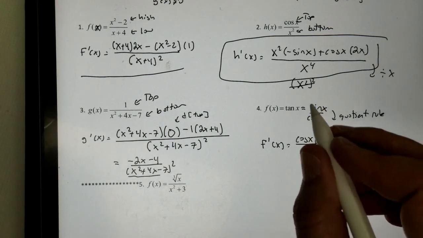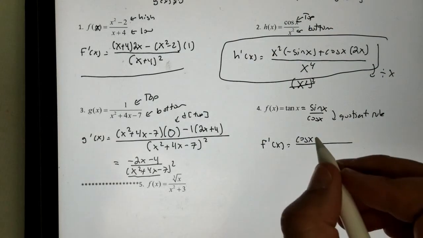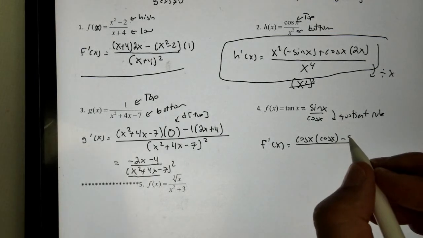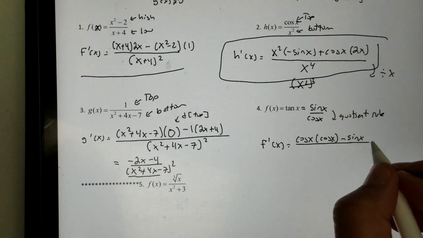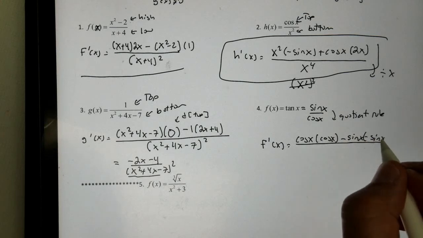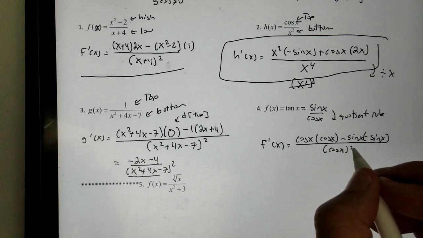Well, what's the derivative of sine? Oh yeah, that's cosine. That's cosine of x minus the top function times the derivative of the bottom. Well, the derivative of the bottom is negative sine of x. And then we would just divide that by the bottom function squared.